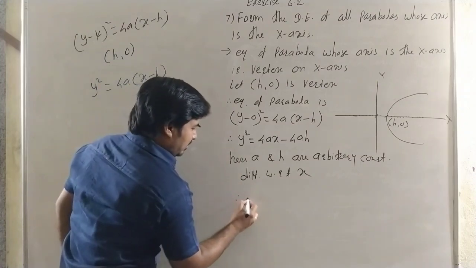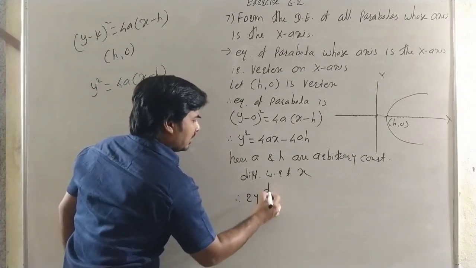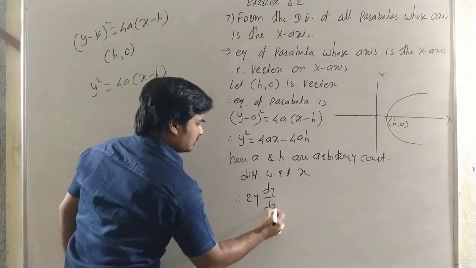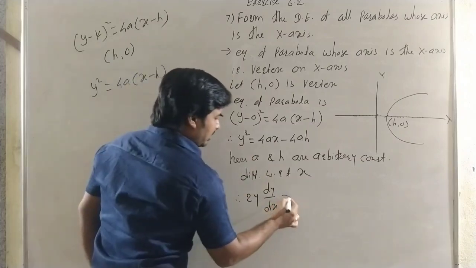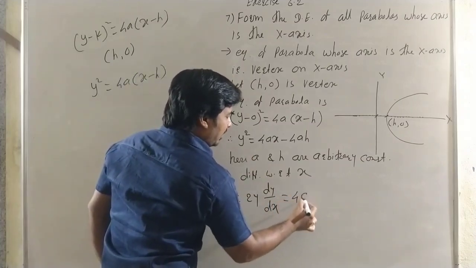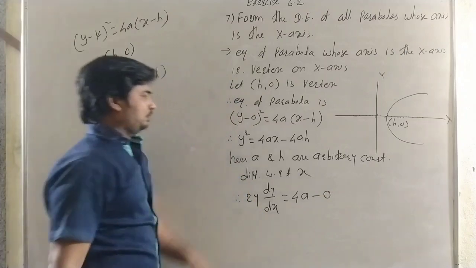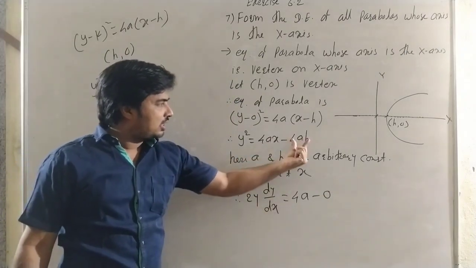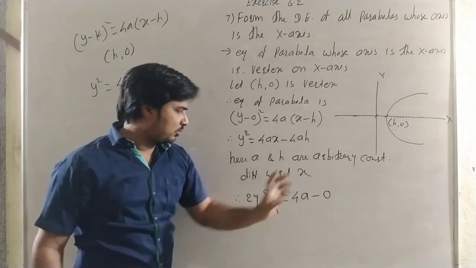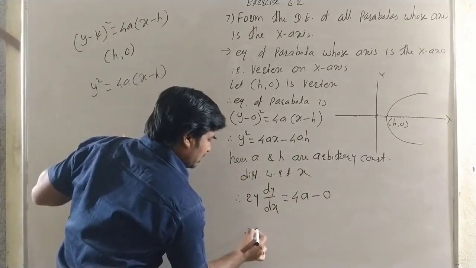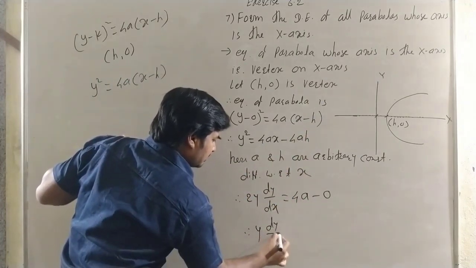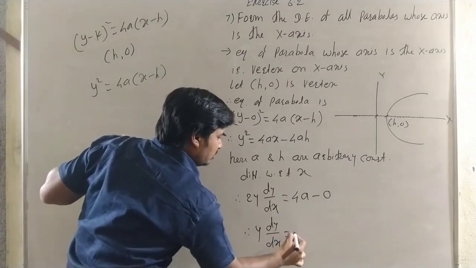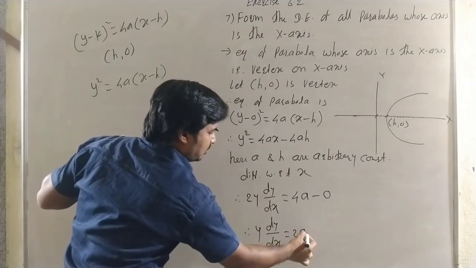The first derivative is 2y dy/dx, the derivative of y square, is equal to 4a minus 0. 4a is a constant, it stays as it is, the derivative of x is 1, and 4ah is a constant, therefore its derivative is 0. Therefore y dy/dx is equal to 2a. It is the first derivative.